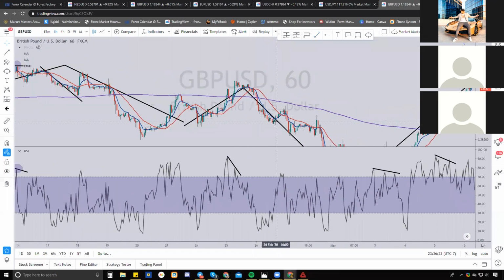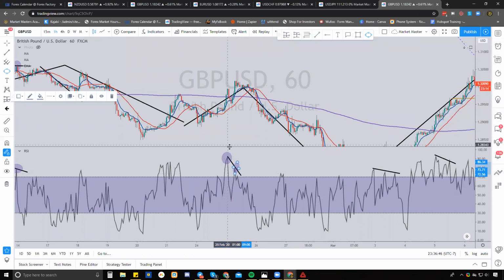So this is a good example here. So we can see this very point right here, and then this very point right here. Someone asked, what's the setting for the RSI? It's the 5. So this point here, if I look directly above, we're getting this high right here. And then if I get this point here and then look directly above, it's this point here.